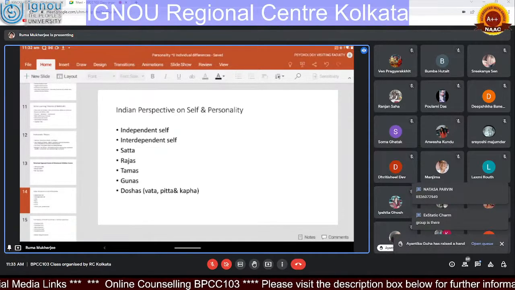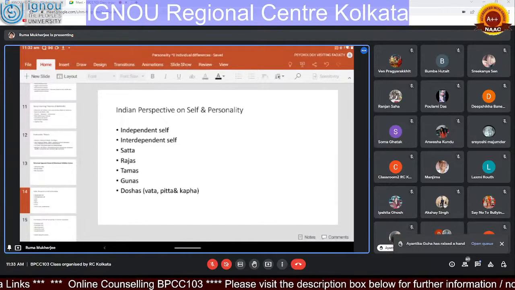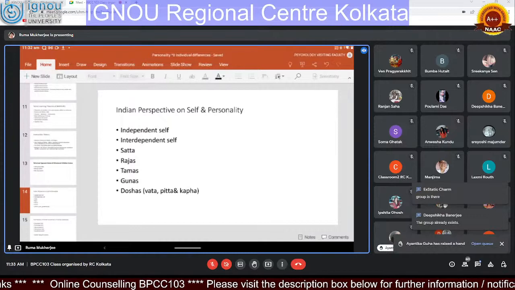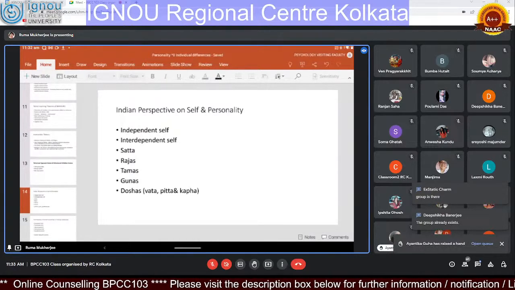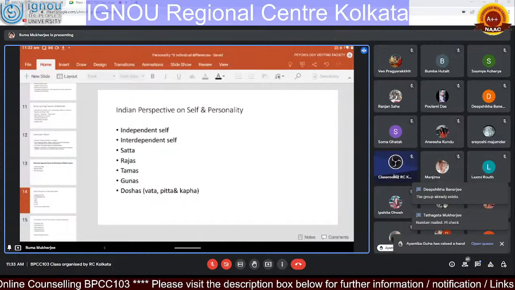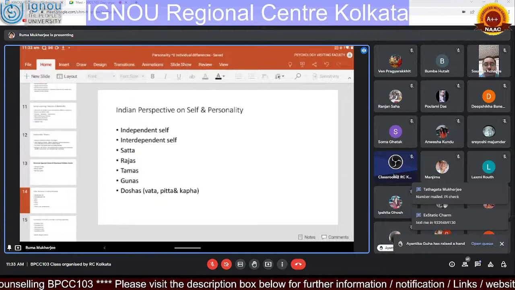On the other hand, the independent self means the person himself, how he works independently. So those are the two main aspects of self described in the Indian perspective.